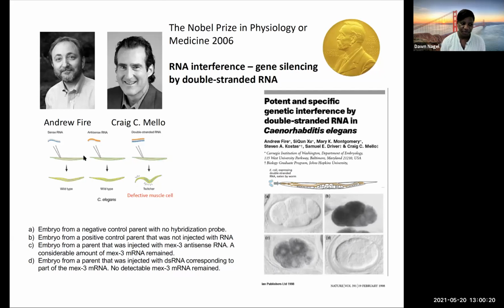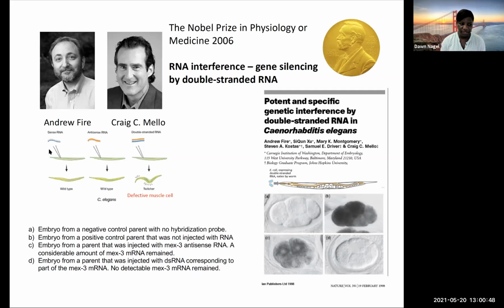So they used two single-stranded molecules, one the sense strand, one the anti-sense strand. And then they also used a double-stranded RNA, okay? To see, if we were to introduce this into C. elegans, which of these versions is really responsible for altering the gene expression that we see.